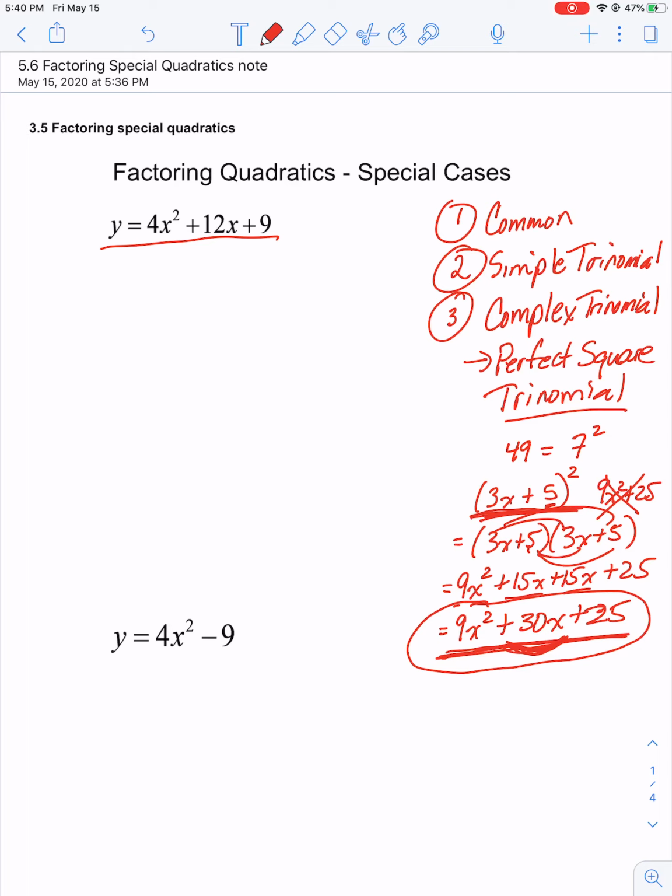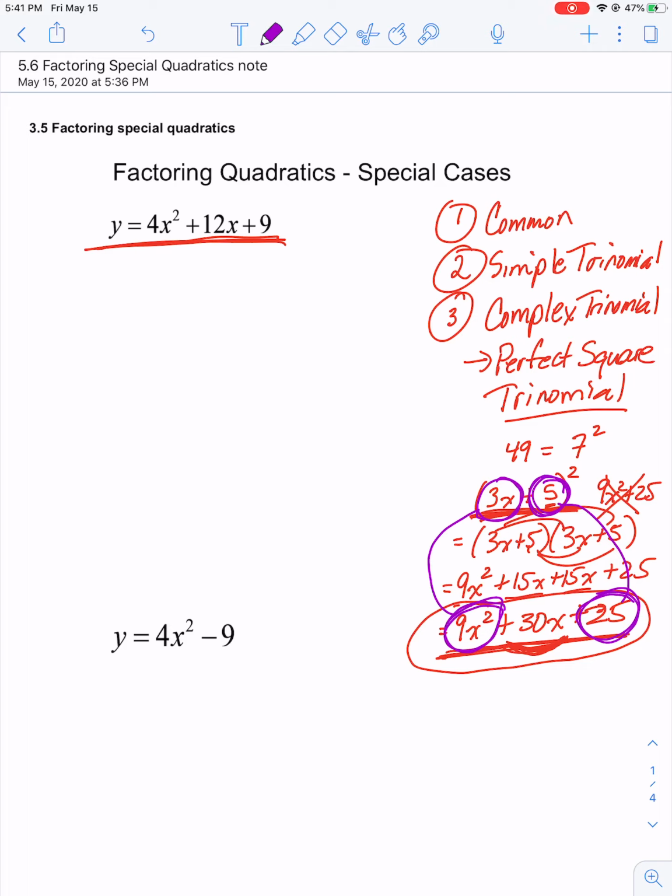Well, this question here, 4x squared plus 12x plus 9, is also a perfect square trinomial. Well, let's see what makes it a perfect square trinomial by looking at this one. Well, this is a perfect square. 9x squared is a perfect square. What's it the perfect square of? It's the perfect square of 3x. 25 is also a perfect square. What's it a perfect square of? It's a perfect square of 5. Well, how do we make sure that this is definitely a perfect square trinomial?